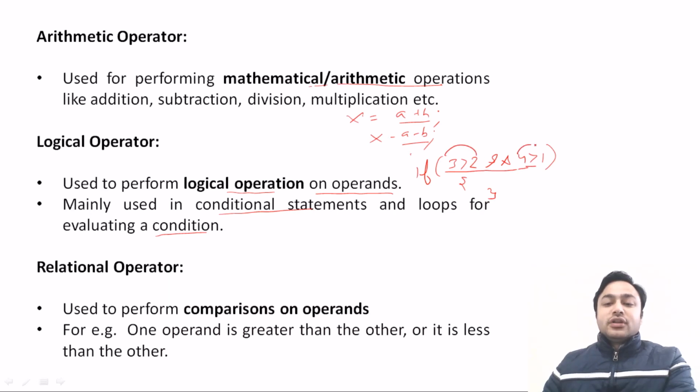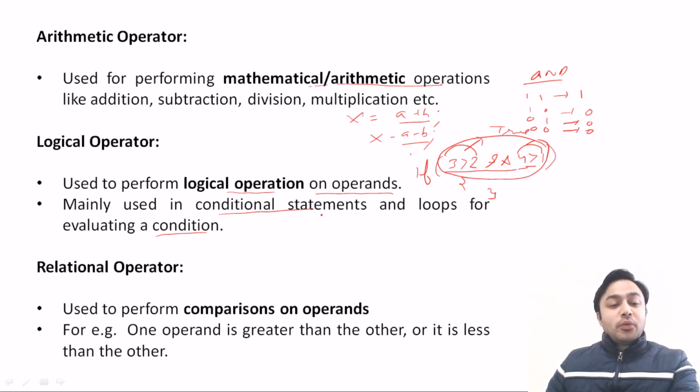Both conditions will be checked. If both conditions are true, the whole condition will be true. In case of AND, if both inputs are 1, the output will be 1. If any input is 0, the output will be 0.